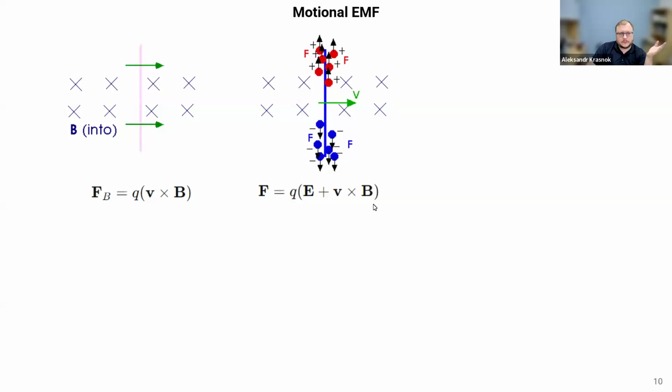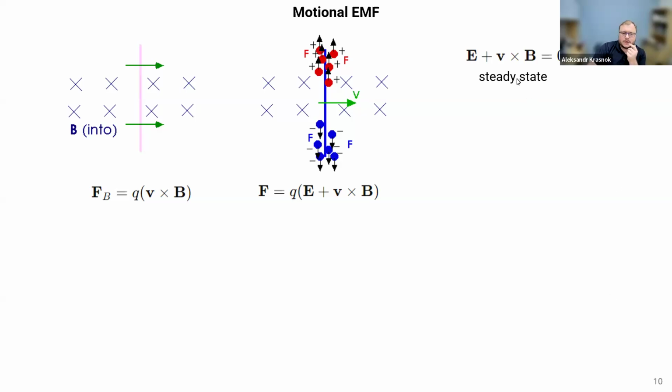Okay, and if I, for example, accelerate this wire or increase the magnetic field, this process will continue until the steady state when the Lorentz force acting on all electrons, all charges, will compensate for the electric field that is created by these divided positive and negative charges.